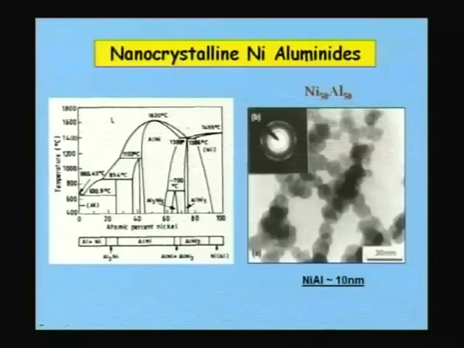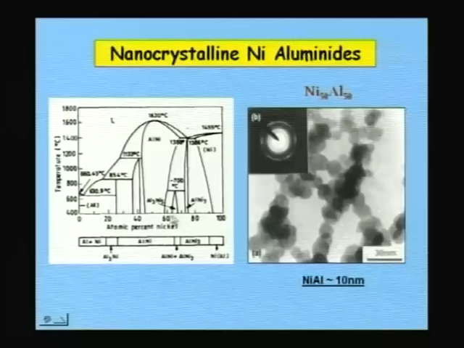When the melting point difference between the two is large, it is very difficult to use the liquid metallurgy route to make alloys, and that's where mechanical alloying becomes very useful, where you can take the two elements, mix them together, and do ball milling to produce nanocrystalline intermetallics such as the nickel aluminide shown here over wide composition ranges.